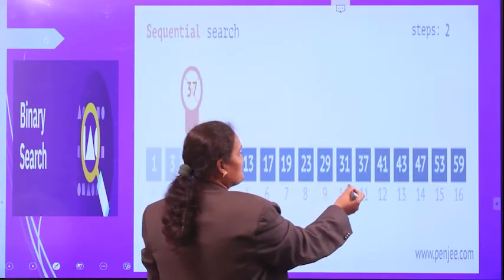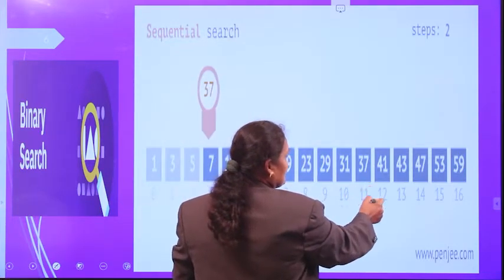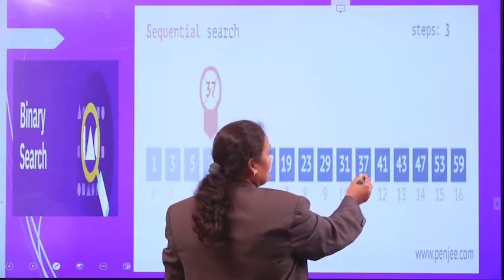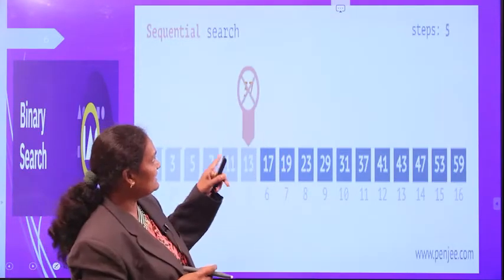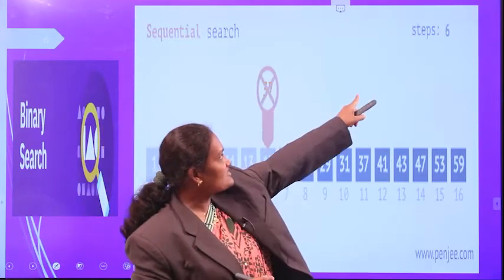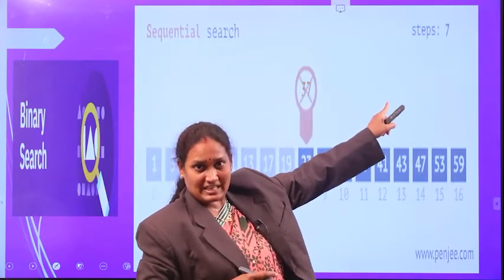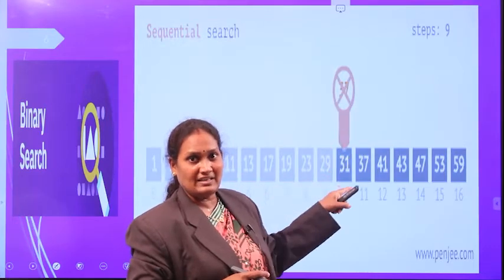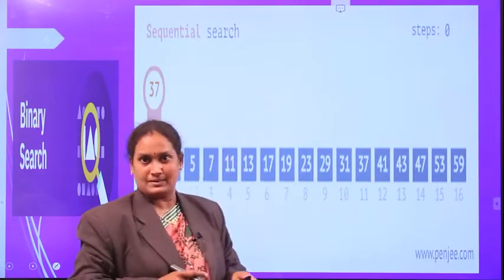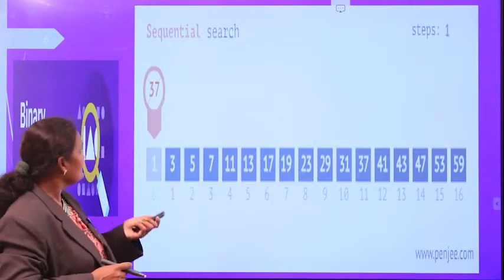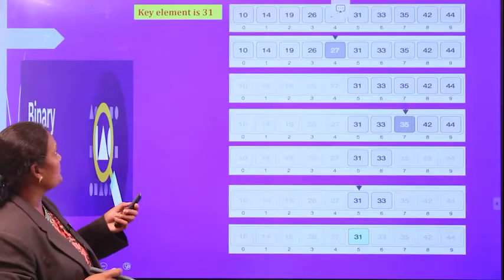Here you can observe that at the 11th index, the search element 37 is present. So in linear search, it takes a total of 11 steps to find the index of the given element. Now let us see the binary search problem.